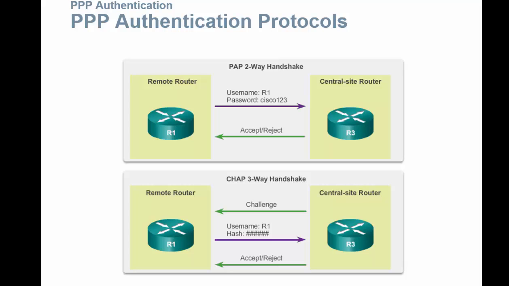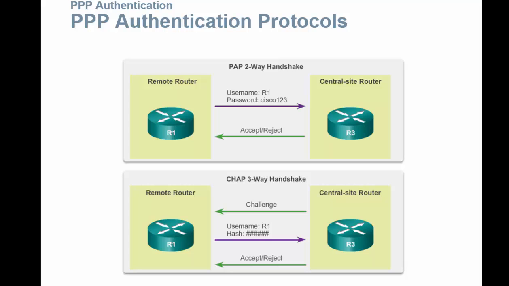PAP is a very basic two-way process. There's no encryption. The username and password are sent in plain text. If it's accepted, the connection's allowed. CHAP is a little bit more secure than PAP. It involves a three-way exchange of shared secrets.